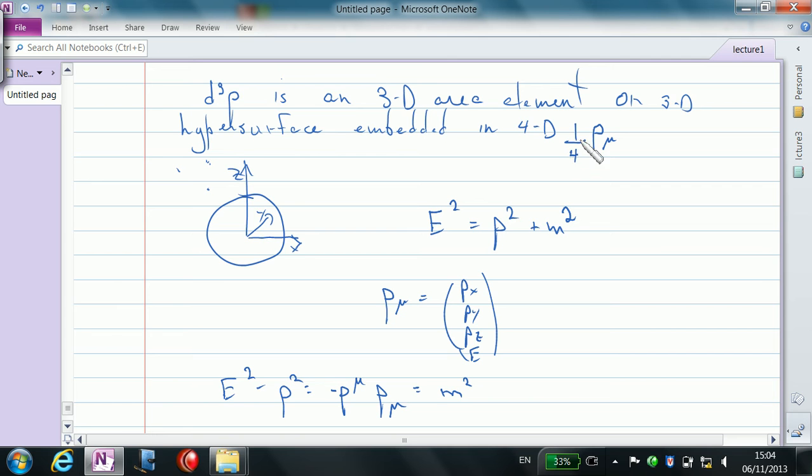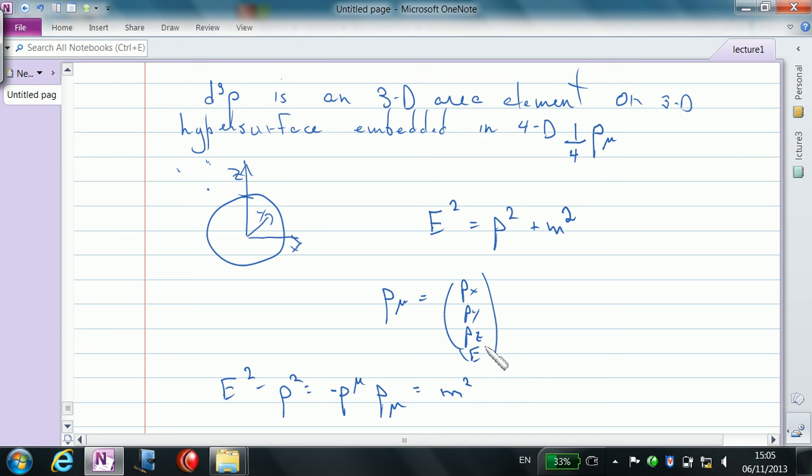And I'll say 4 here to show that it's perpendicular in the four-dimensional space. And so this is the three-dimensional area element in a four-dimensional space.